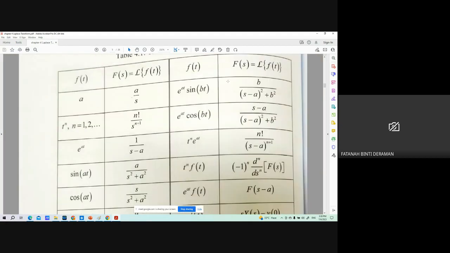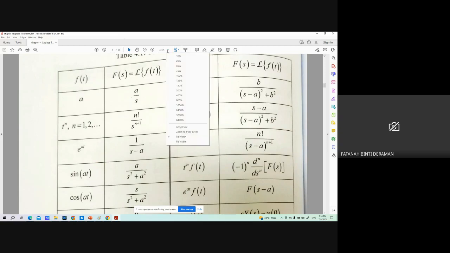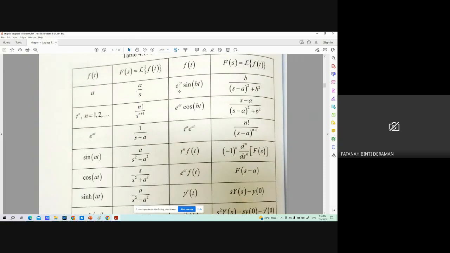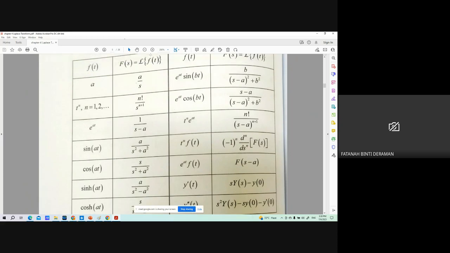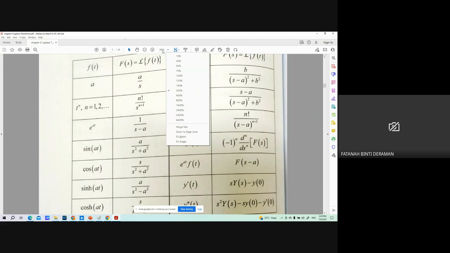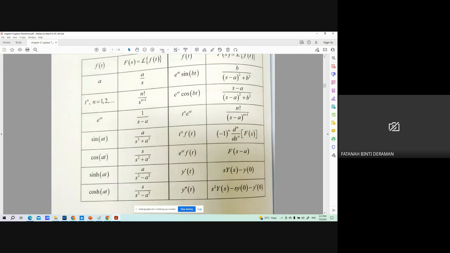Okay, we need to refer to this table. But before we refer, we need to do a little bit of modification. We need to have this form, the reverse operation, to get f(t).